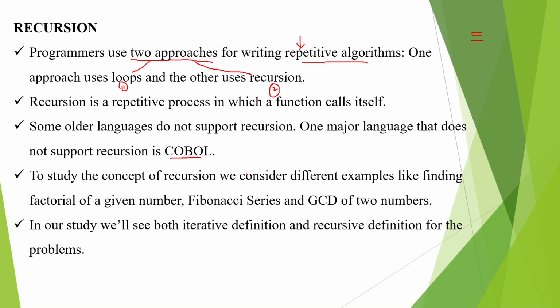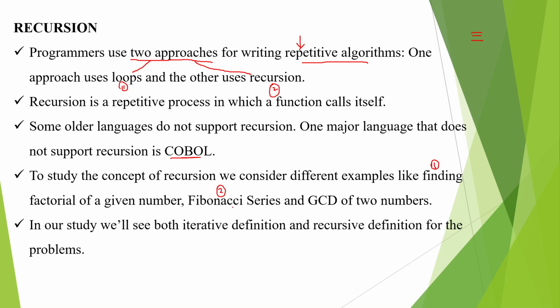Program-wise, by writing the code, we will understand how to calculate the factorial, both using loops and using recursion. The second example is printing the Fibonacci series up to a given number. We will read some number, and up to that number, we will print the Fibonacci series.